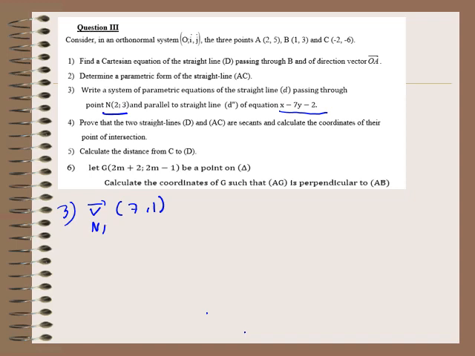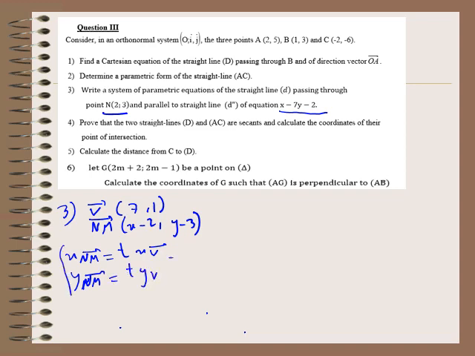And M: x minus 2, y minus 3. xNM equals p xV, yNM equals p yV. So x minus 2 equals p times 7, y minus 3 equals p times 1.